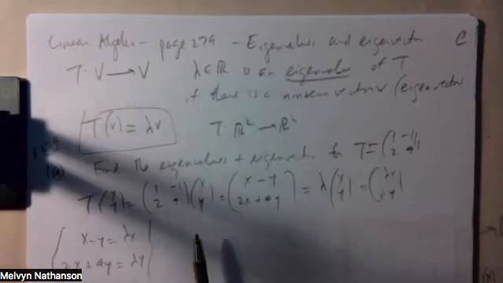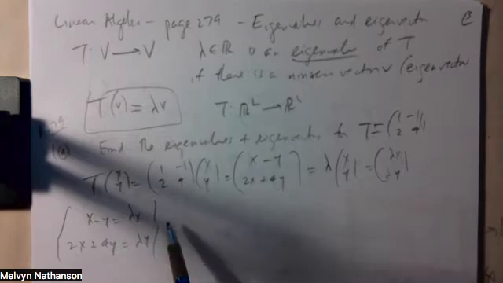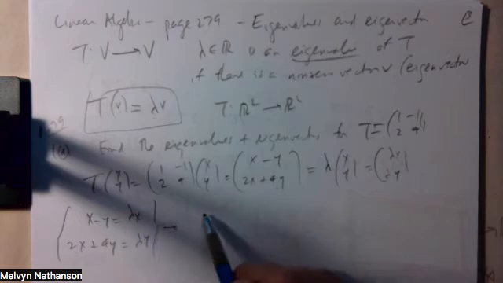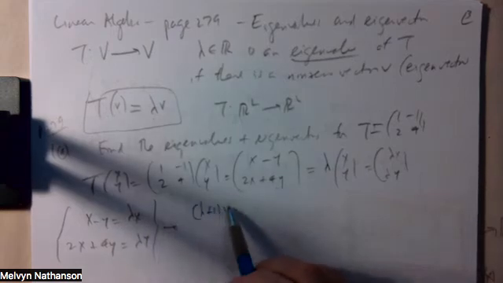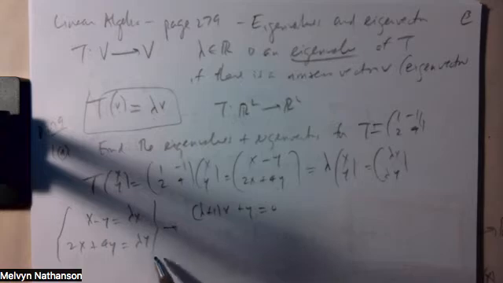Now, this is just a homogeneous system of two equations and two unknowns. You might ask, where's the homogeneous system? Where is it equal to 0? So just collect your x's and your y's. I'm just rewriting the equations.